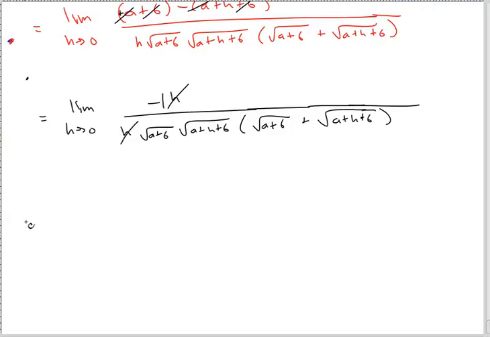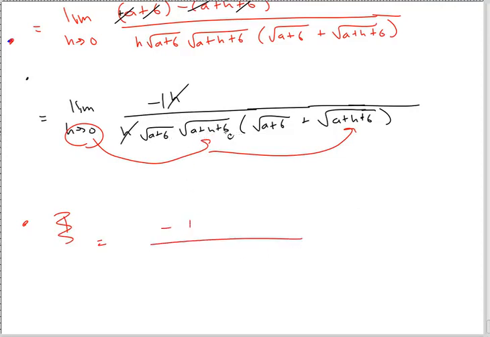And now what you do is you actually apply this h equals 0 business to this guy and this guy. And so what you're going to actually have is A plus 6 and A plus 6. And these are the same thing. I don't have a limit anymore. I'm literally applying it. So what I have now is A plus 6 and A plus 6 and the 2 square roots combined to make a regular 1 power A plus 6.